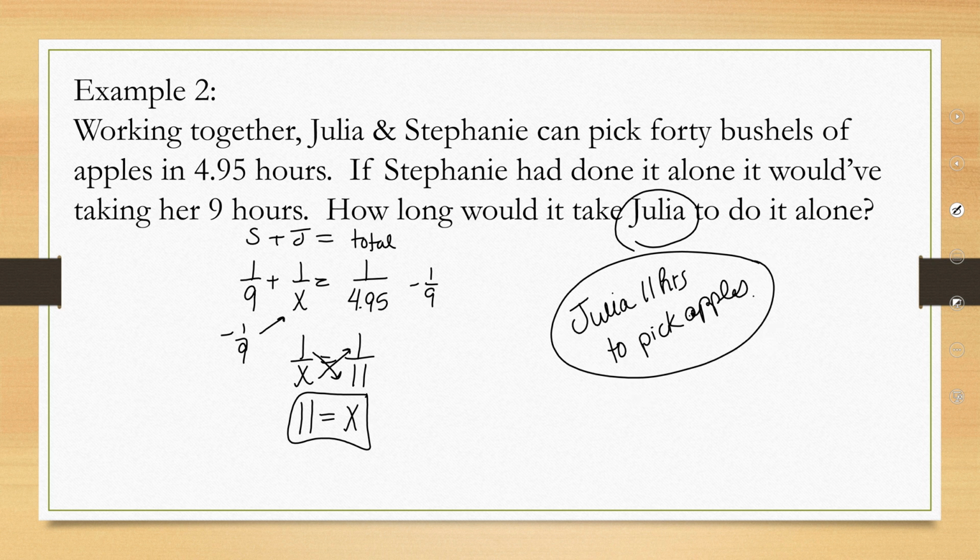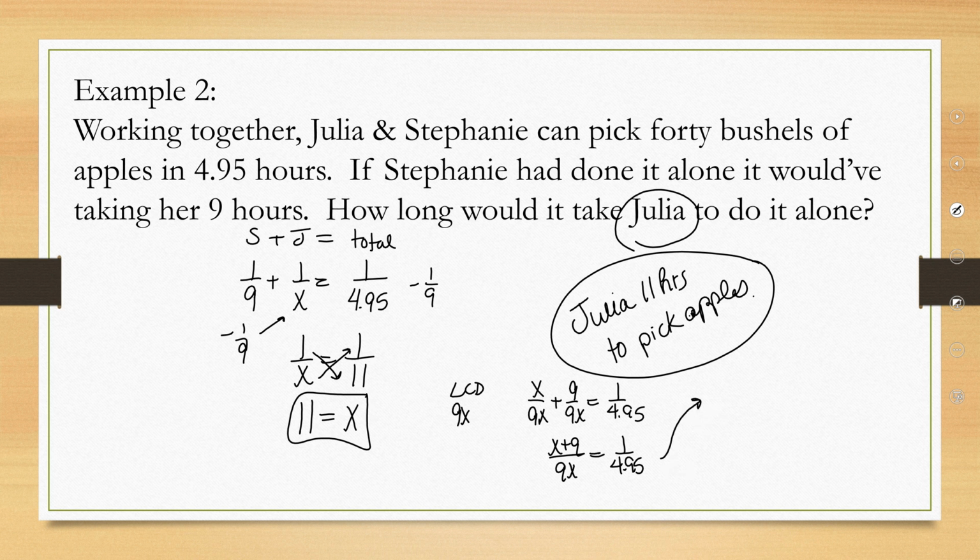There you go. Okay, so that's not the only way. If you had gotten a common denominator, which is typically what we would do, then we would have had an LCD of 9x. So I would have an x over 9x plus 9 over 9x equals 1 over 4.95. So then I would have had the quantity x plus 9 over 9x equals 1 over 4.95.